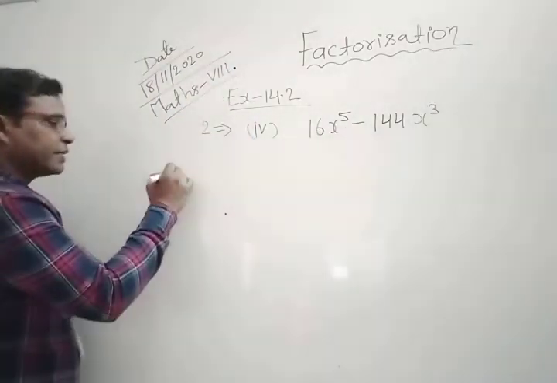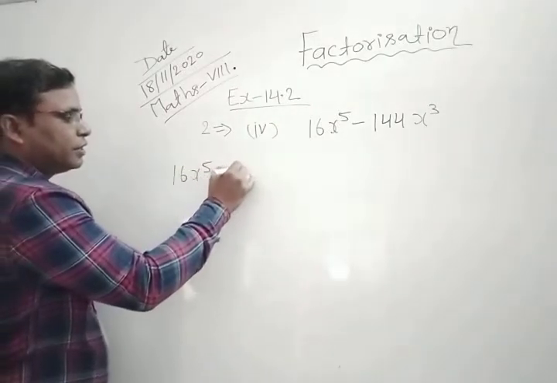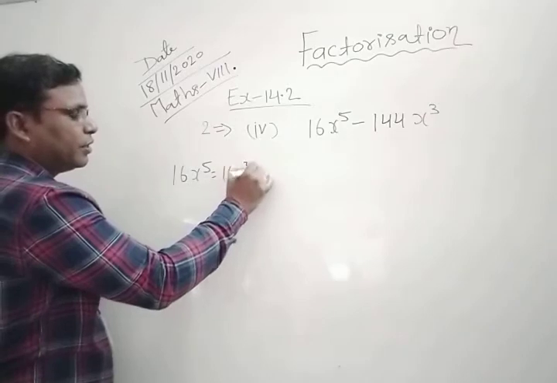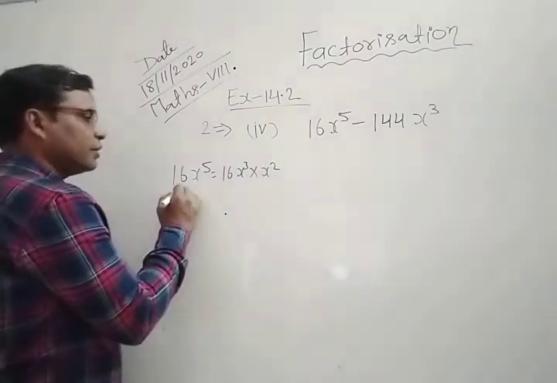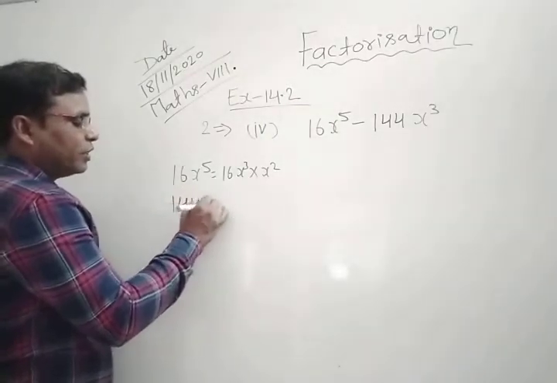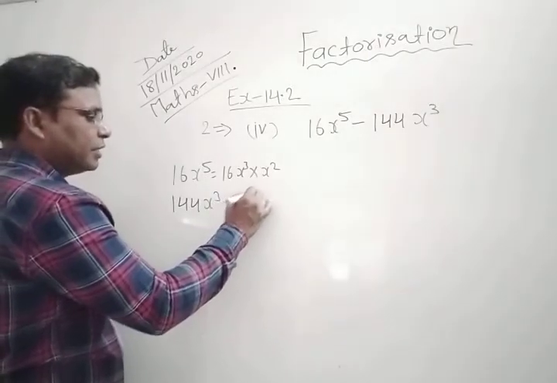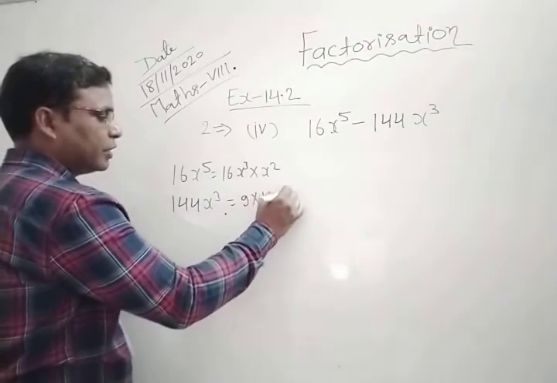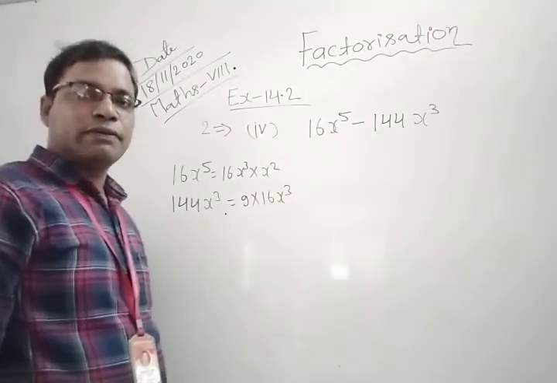So you can write 16x power 5 as 16x power 3 into x square. Again you can write 144x cube as 9 into 16x cube, because 16 times 9 is 144.